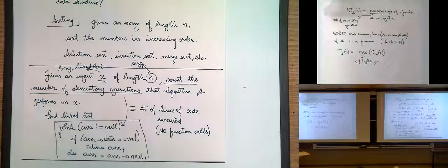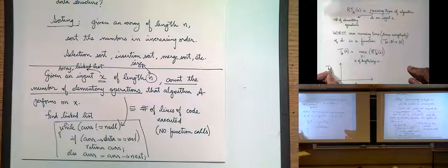So this function, you could imagine plotting it. You could plot T_A of n, and it's going to do something. It's probably monotone, but it might not be a well-behaved function the way you and I know it.